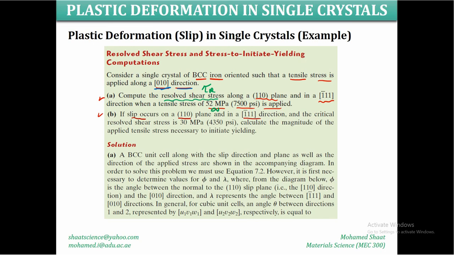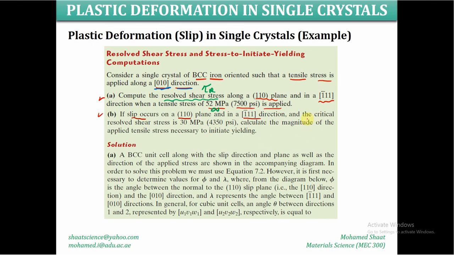It is not necessary that the dislocation is going to move following this specific slip system 110 and -111. It could follow any other one of the 12 slip systems in the BCC crystal structure. But let us assume that it's going to follow this slip system, 110 and -111 direction.